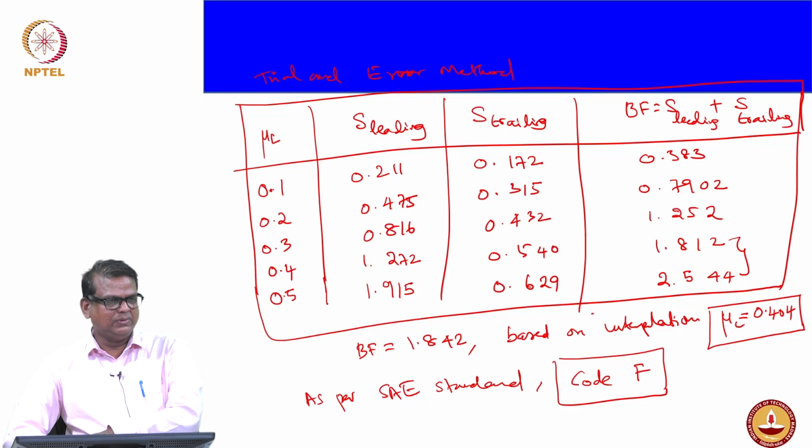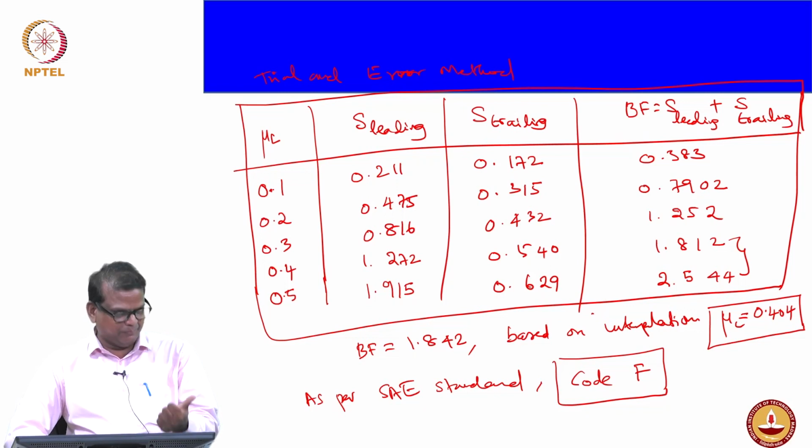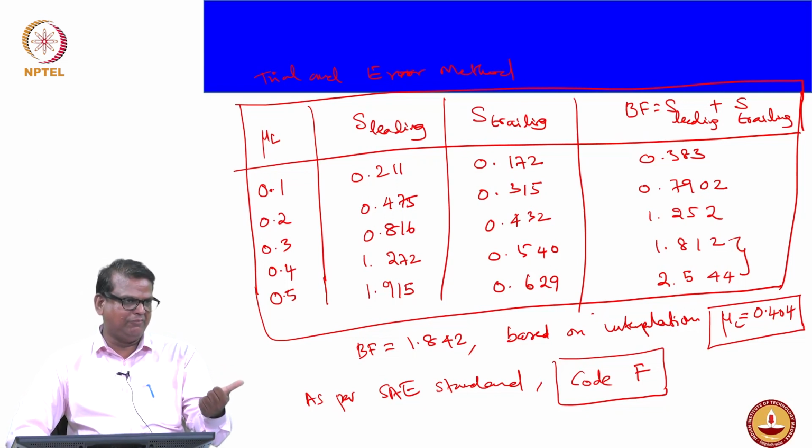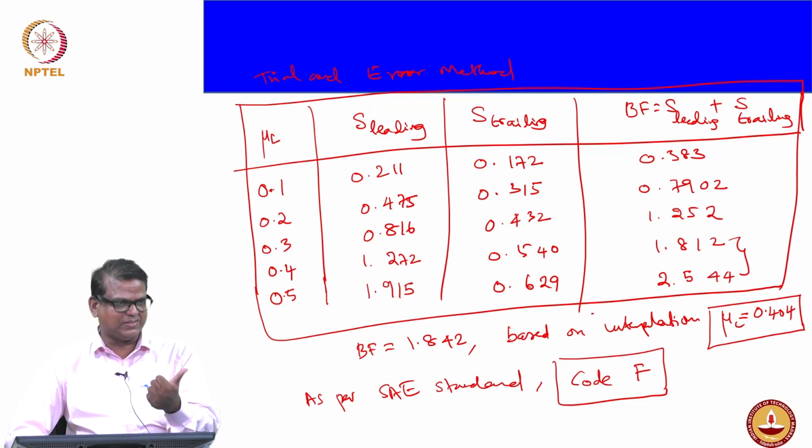So you have to check based on the geometry, based on the type of brake system. Is it a drum brake or disc brake? What happens if it is a disc brake? Straight away your BF will be 1.2, right? That is 1.2. It's fixed.